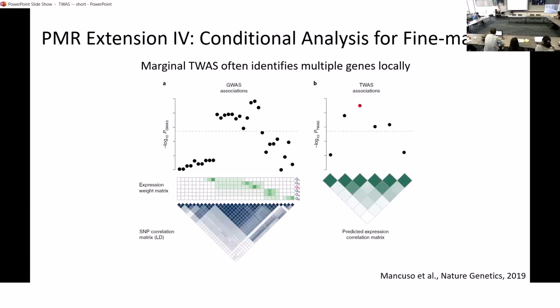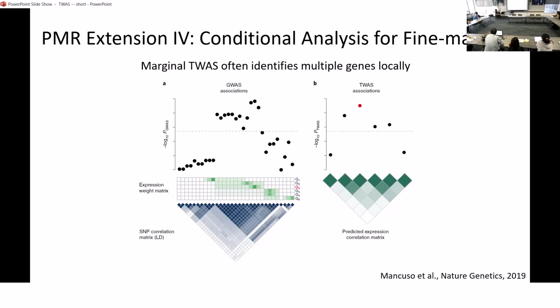And then the last extension we did was to extend it towards TWAS fine mapping. The main idea is this. So far we have been introducing this TWAS analysis framework as always marginal, in the sense that we analyze one gene at a time. However, in a local region, you always have multiple genes, and those genes tend to share similar gene expression correlations.